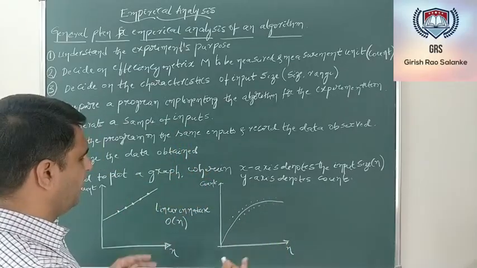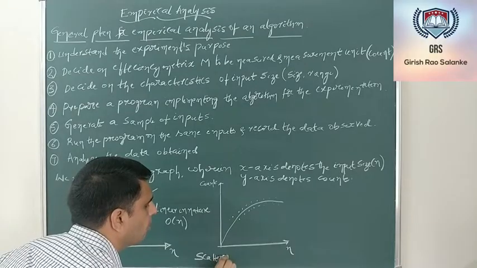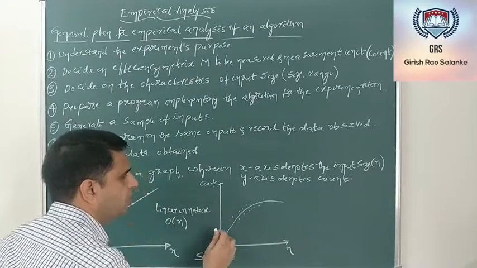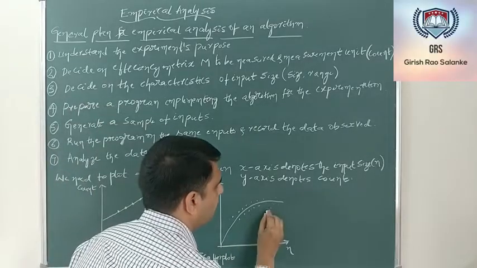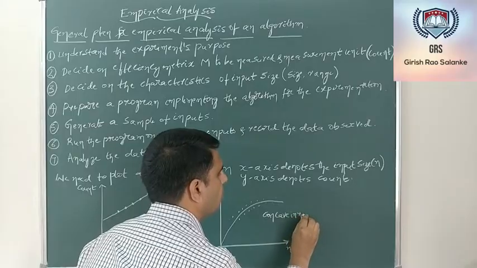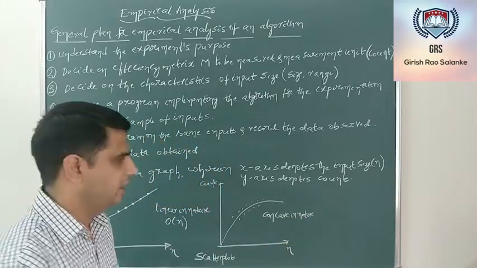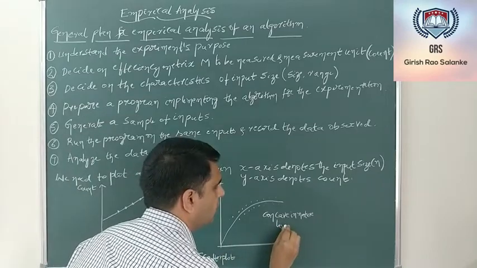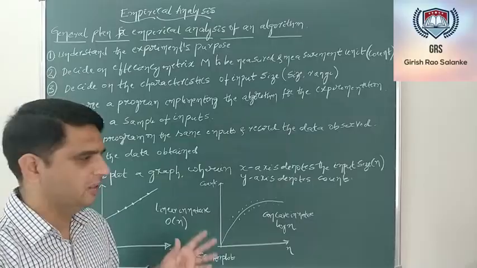Maybe we call such a graph a scatter plot. Now, if you see this graph, you may observe that it is concave in nature. If it is concave in nature, then the efficiency class of the algorithm will be logarithmic. It will be log n.